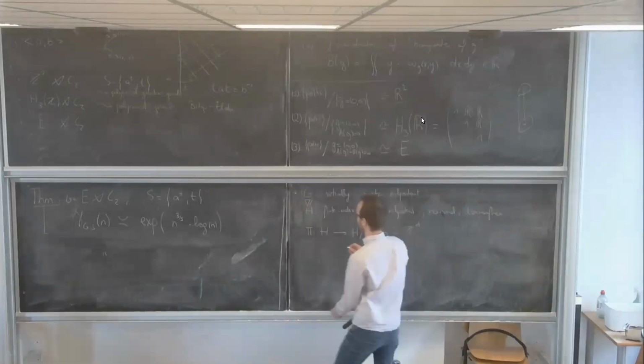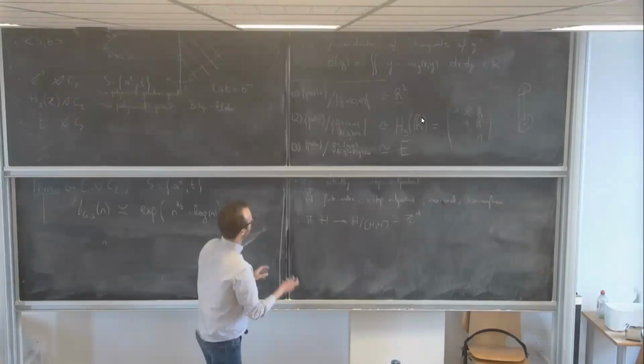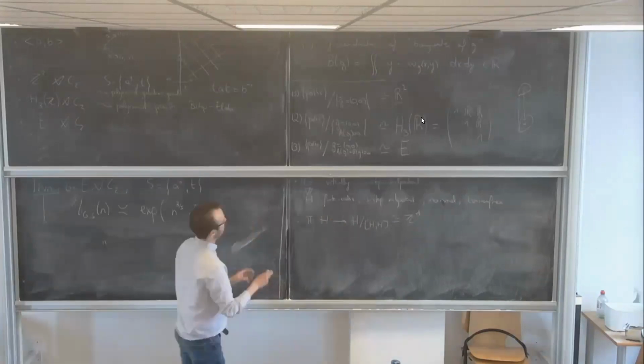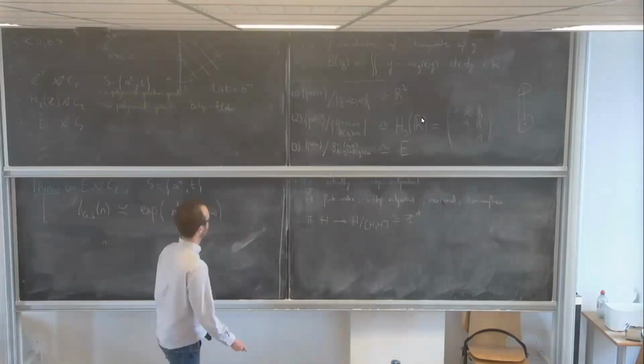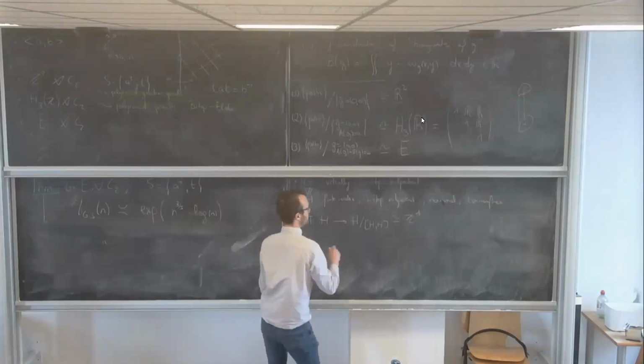So I need to define some polytope and some subset of it, and then this will give me the exact condition to get the regime for the geodesic growth.